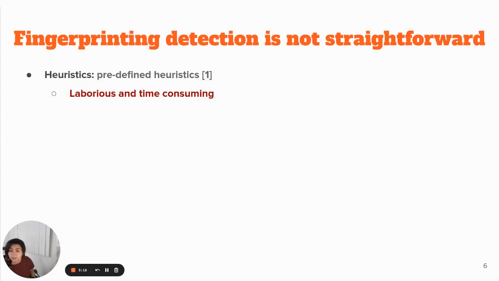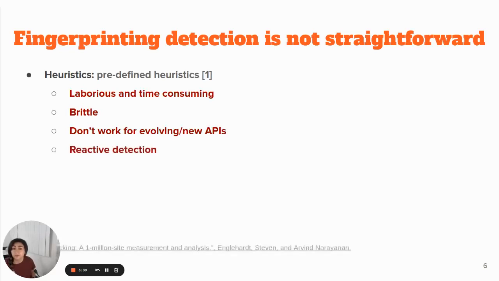Designing a heuristic is laborious and time-consuming, and they are brittle. It means that they may miss fingerprinting scripts that do not match their narrowly defined detection criteria. And they don't work for evolved or new APIs because they are predefined based on known fingerprinting techniques. And finally, they are reactively looking for known fingerprinting techniques at one point in time.